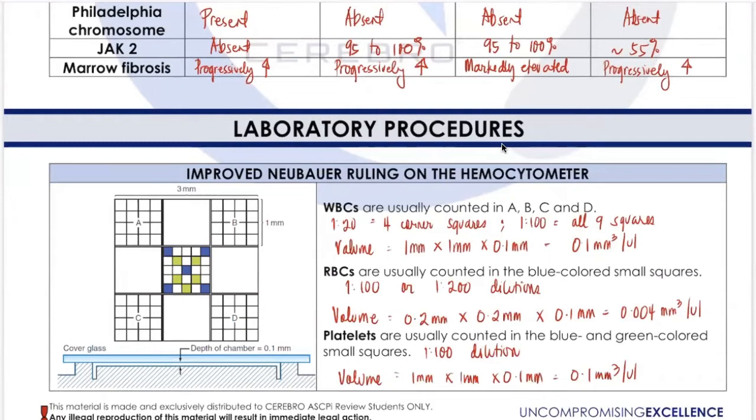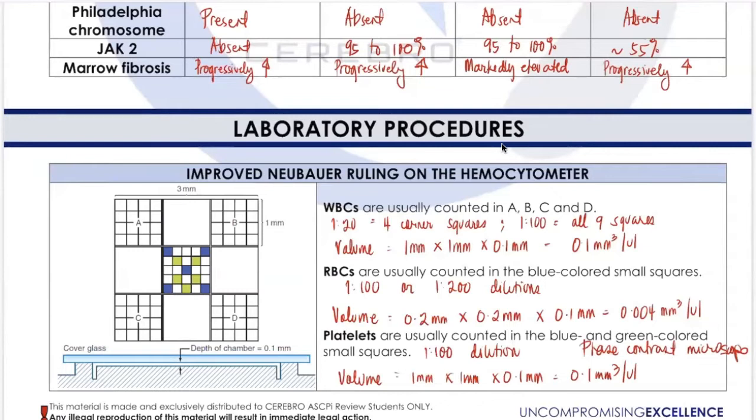Okay, so usually for the platelet count, the gold standard or the reference method employs the use of the phase contrast microscope. Okay, because we know that platelets are really small, and because of that, their refractive index is low. So it's really difficult for them to be seen under the usual bright field microscope.